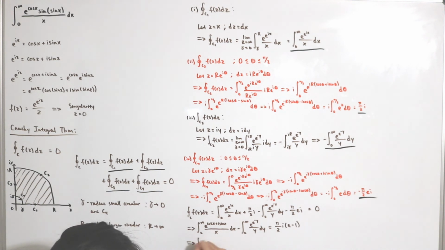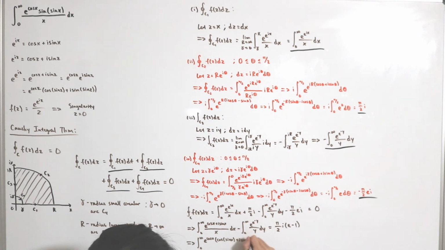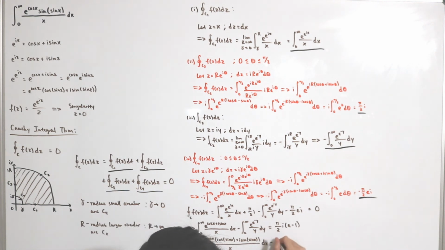So 0, infinity, it's e to the cosine x multiplied by cosine of, that's supposed to be cosine of sine of x, then plus i sine of sine x, over x dx, minus 0 to infinity of e to the power negative y divided by y dy, and then it's equal to this, so pi over 2 i times e minus 1.